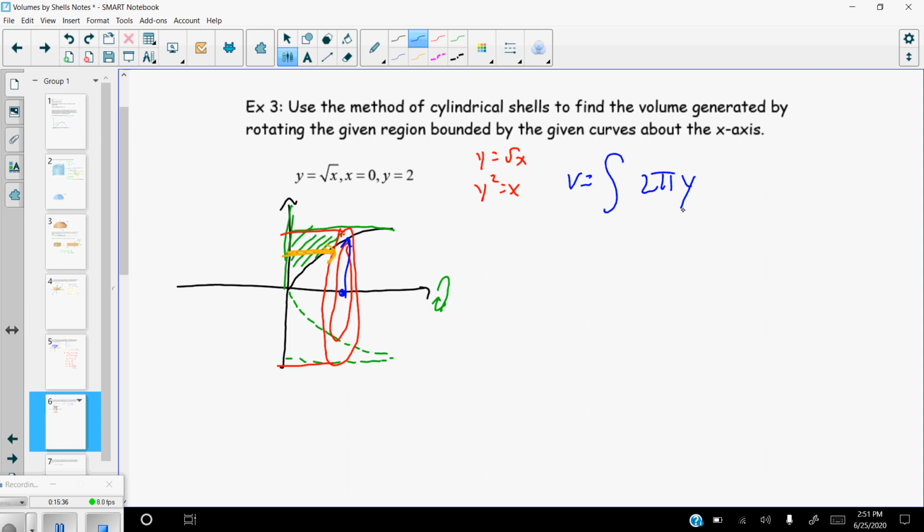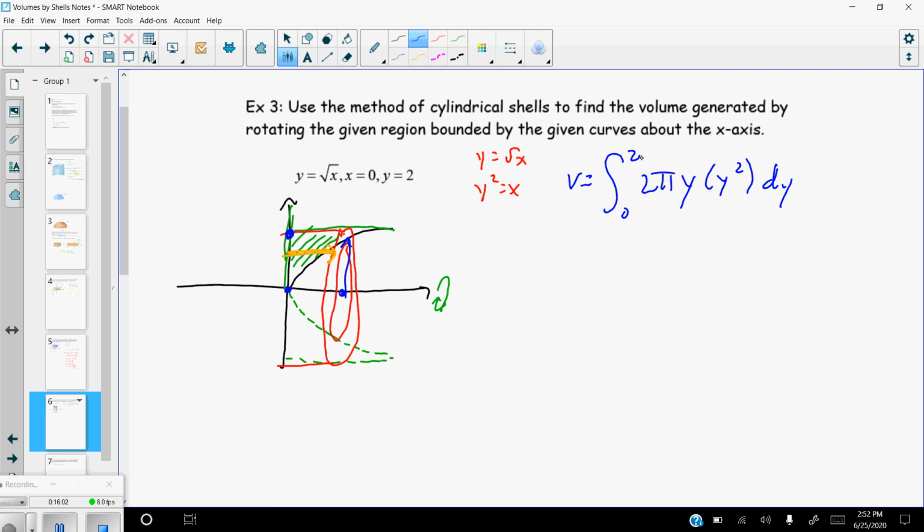And then the height of the function is now going to be y squared. And because the thickness is going in the vertical direction, it's now dy. Now we just have to figure out what this goes from, and it's pretty much laid out for us here, because this is 0. They told us that this is y equals 2, so we're going to go from 0 to 2.